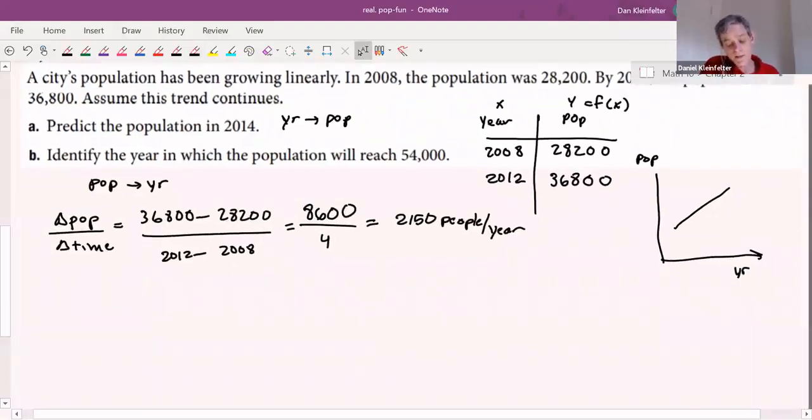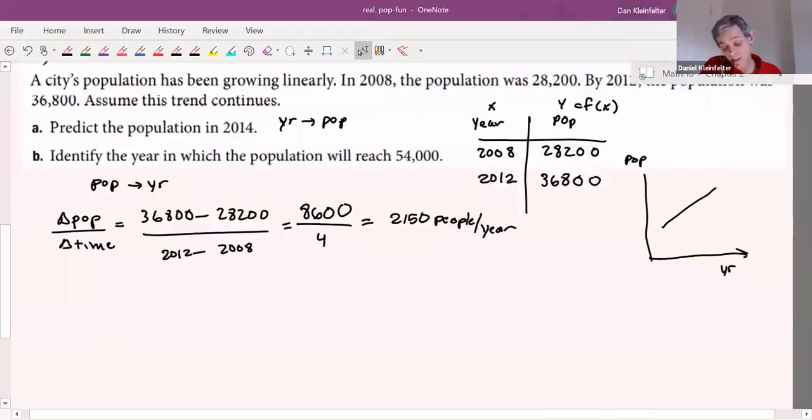So now that we have the slope, we have 2 points we can use. I would just use the one with the smaller numbers, but you could use either. So then our formula in general looks like y equals mx plus b. So we know that our slope is 2,150. We need to solve for b, so I'm going to substitute in our x value, which is time. And then that will give us the y value of 28,200.